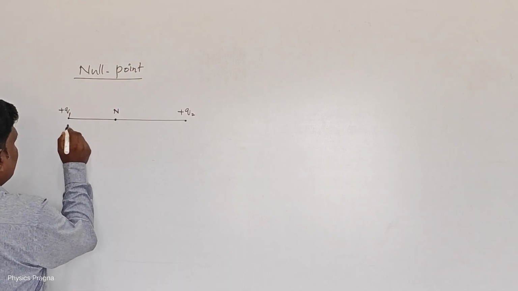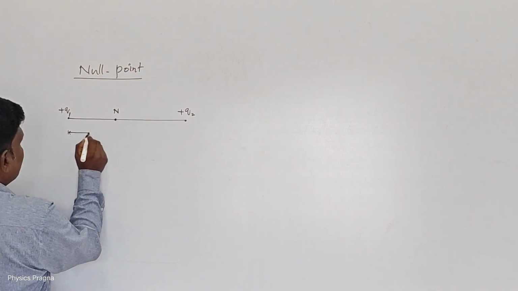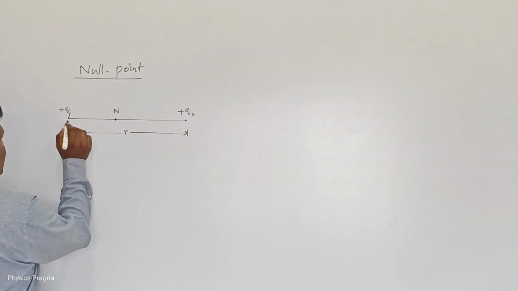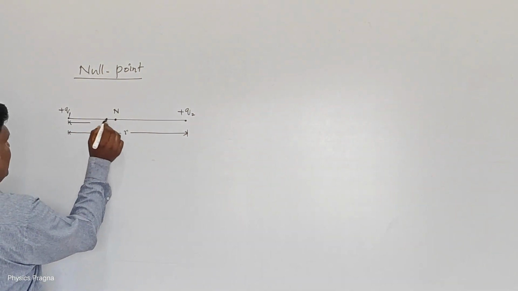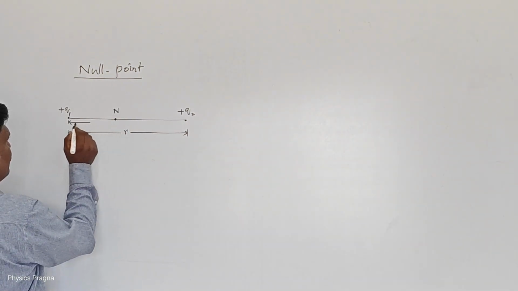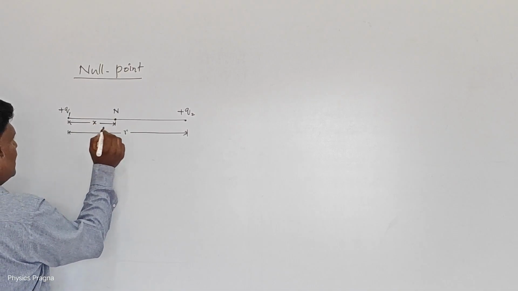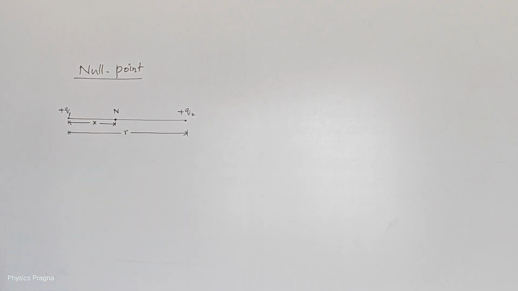The distance between them is R, and the null point from Q1 is at X. Like that we can take. Now we have to calculate the null point. Null point means the total net electric field there becomes 0.